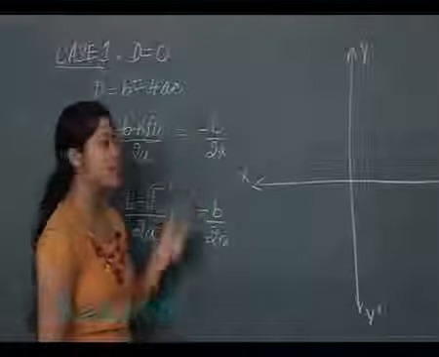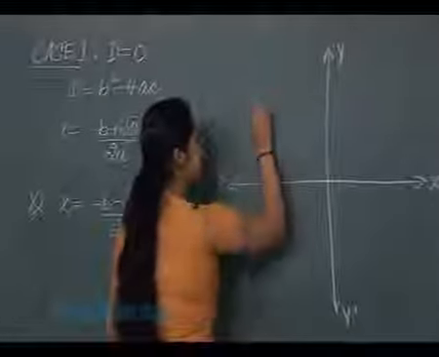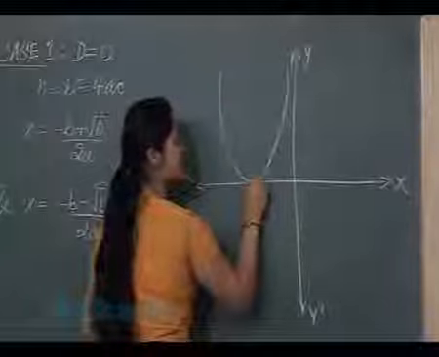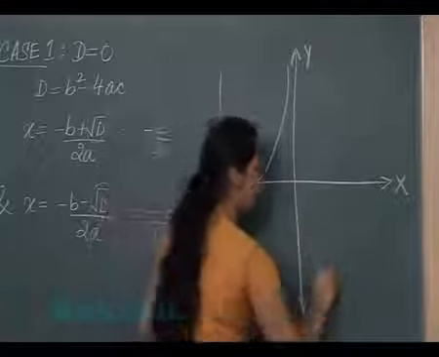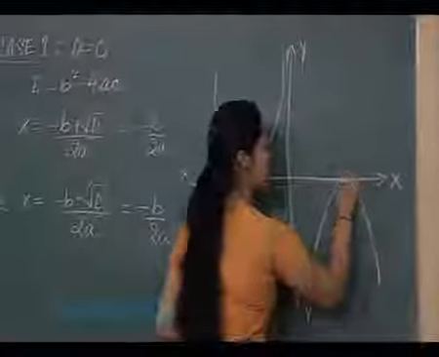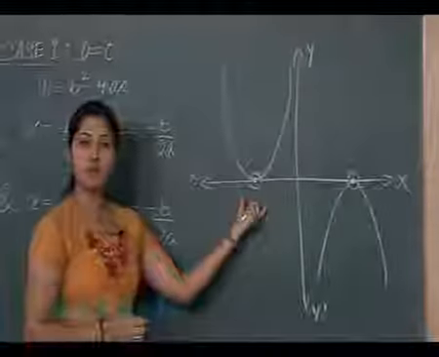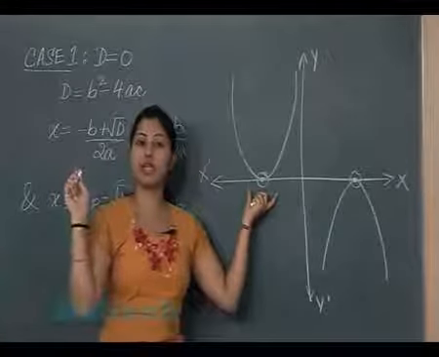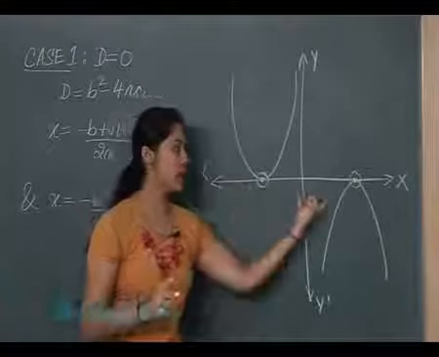And in this case, the parabola touches the x-axis at only one point. It can be this or it can be like this. So at only one point, the parabola, which is the graph of the given quadratic equation, touches the x-axis.